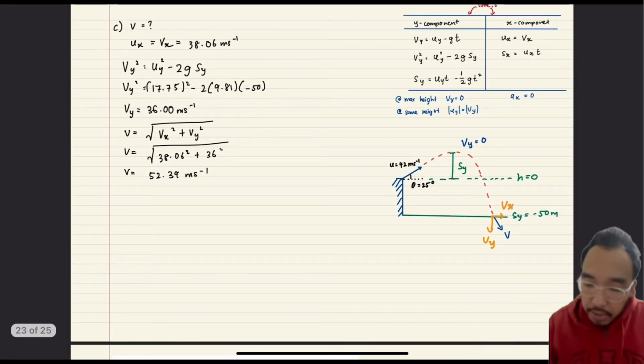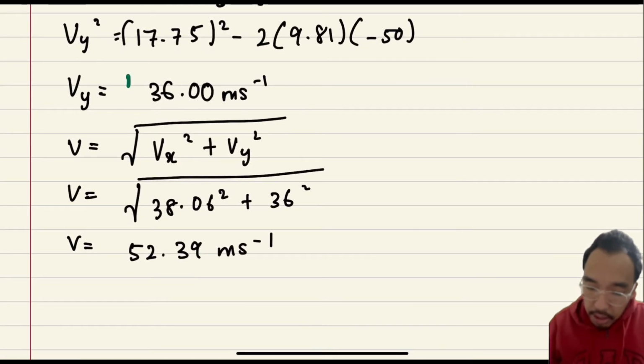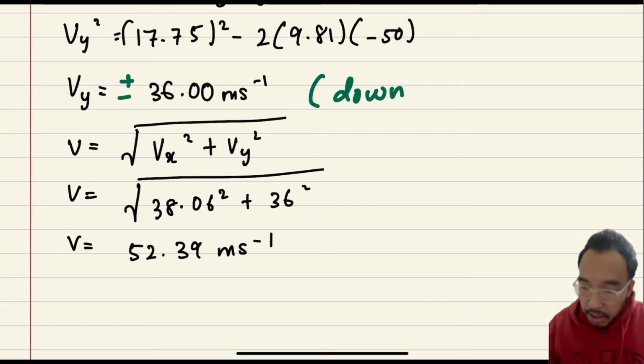Okay, so I can redraw my two vectors here. The Vy is actually here. I'm going to bring this a little further to the right. If you calculated just now, you will get a positive and negative answer, because you take the square root. Actually this one is pointing downwards. Why do I say that?